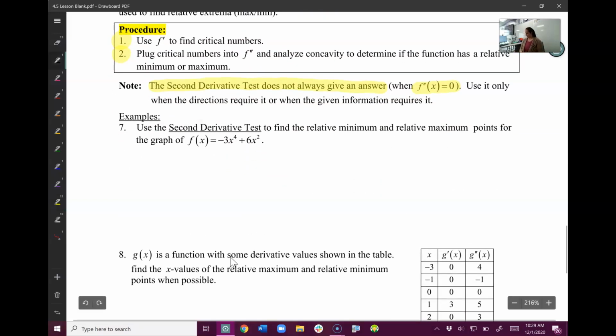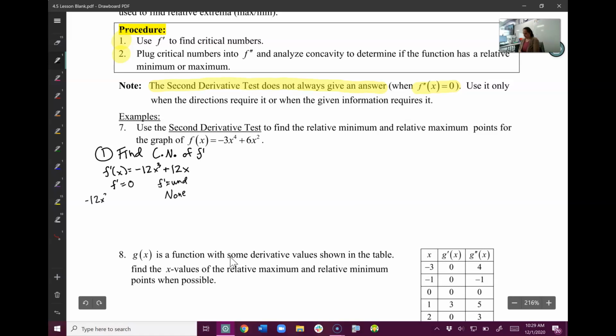So let's try an example. Use the second derivative test to find relative min or max. We're going to find our critical numbers of f prime first. So f prime of x is going to be negative 12x cubed plus 12x. I want to know where that first derivative is equal to 0 or undefined. That's my critical numbers. This is cubic, so it's never going to be undefined. However, I should have one where it equals 0.